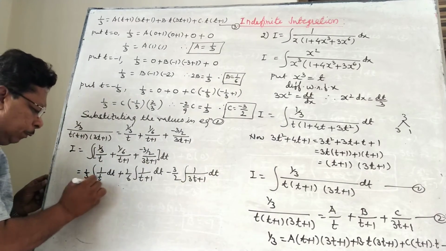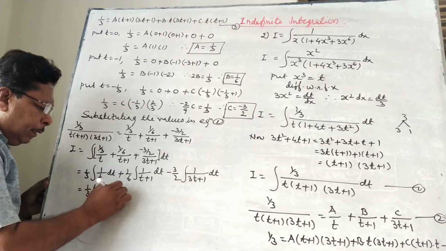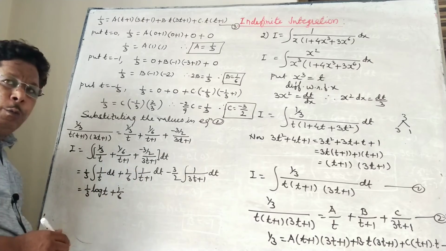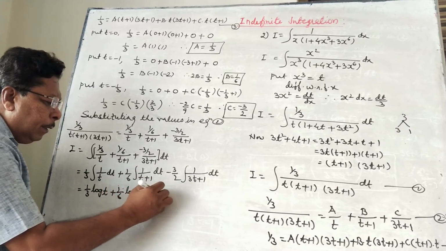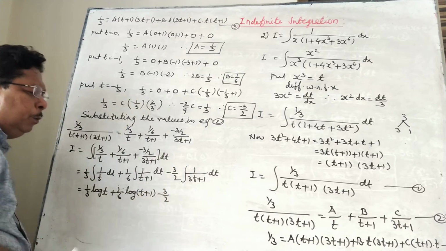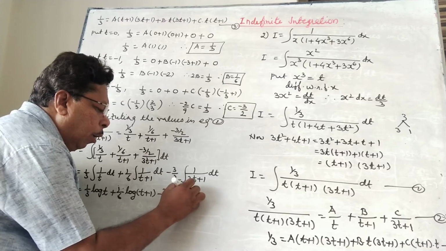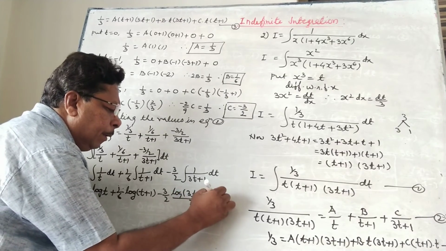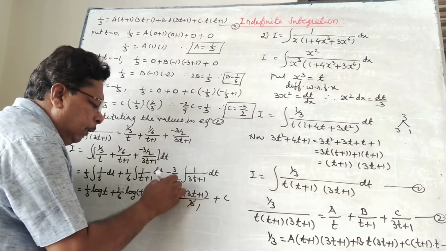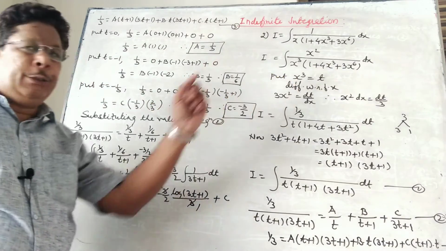Now take the integration. What is the integration of this? Integration of 1/t is log t. Integration of 1 upon t plus 1 is log t plus 1. Minus 3/2, integration of 1 upon 3t plus 1 is log 3t plus 1 upon 3 plus c. This 3 gets cancelled. And at last put t equal to x cubed.